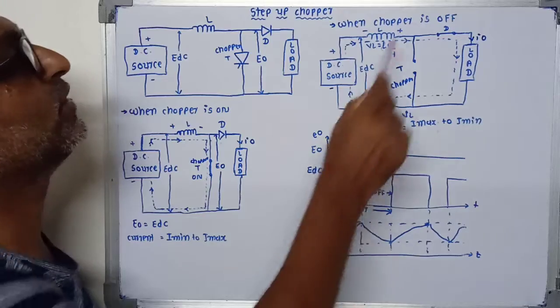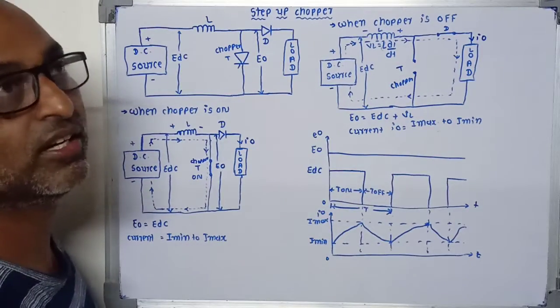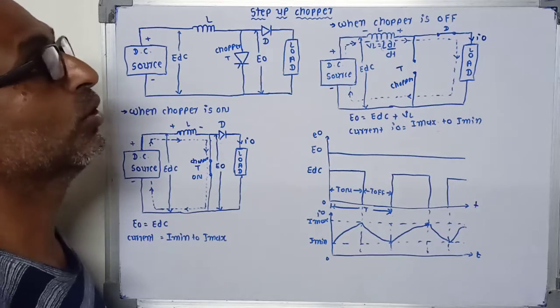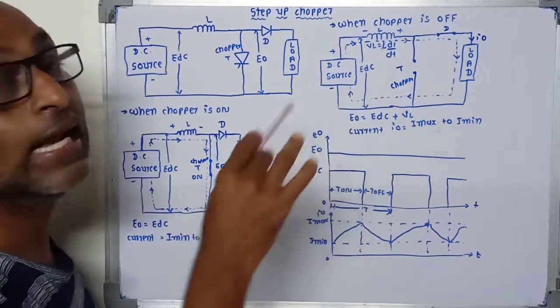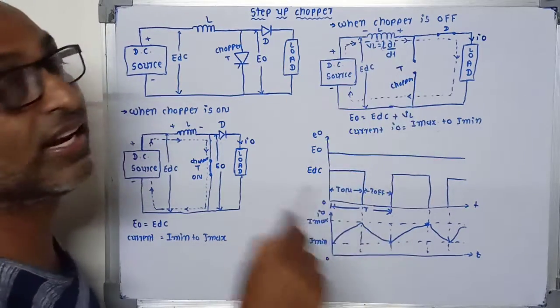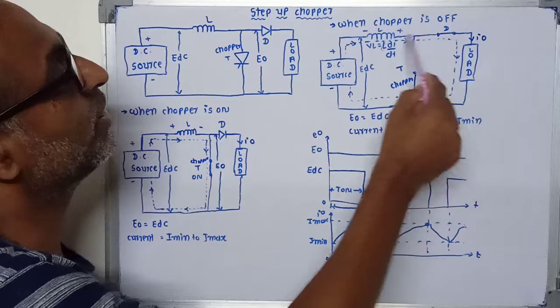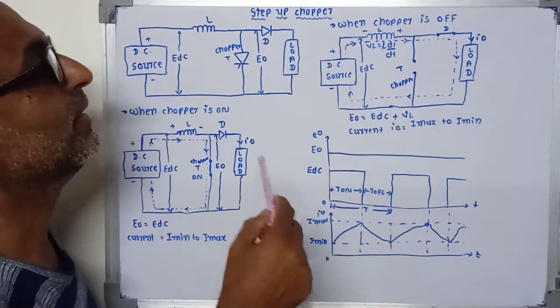Now when the chopper is turned off, the current flowing through this inductor tends to become 0. As the current decreases, a reverse voltage is induced across this inductor. That means the right terminal of the inductor becomes positive and the left terminal becomes negative.